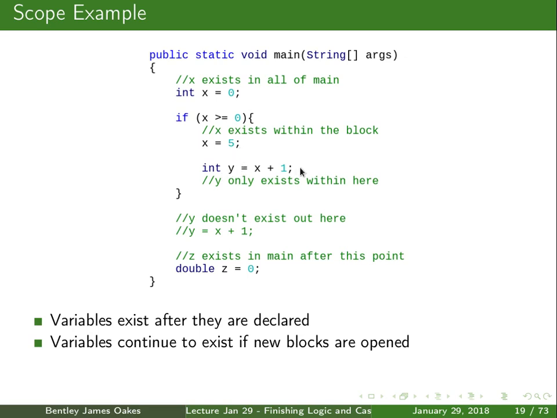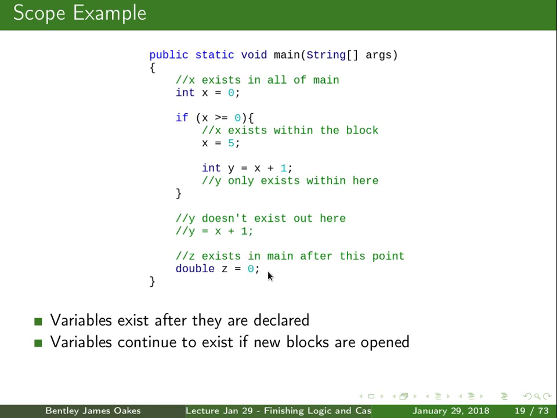Here I'm declaring and initializing y. Int y is equal to x plus 1. But here it's the end of the if block. So at the end of the if block, any variables that were only created within here stop existing. So I can't access y outside of the if block because y was declared within the if block.